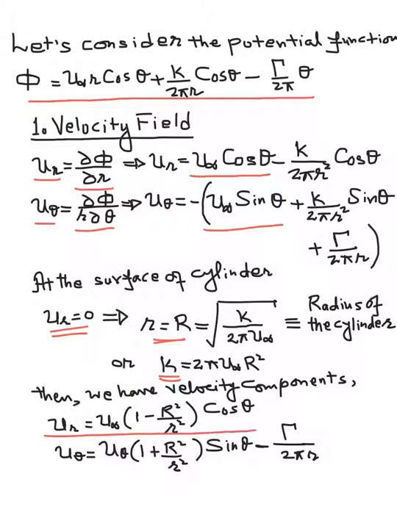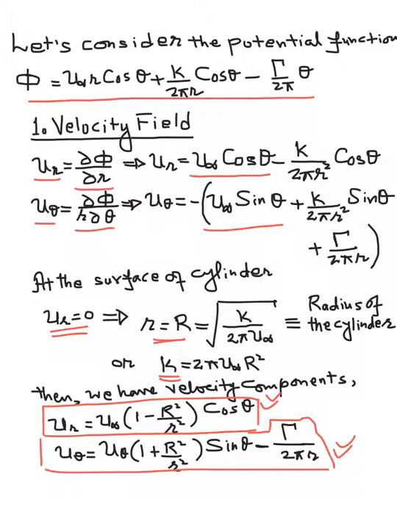These are the two expressions, one for u_r and this one for u theta. Now note that the u_r expression is the same as for a stationary cylinder. However, in the tangential u theta component, this term is showing up due to the effect of circulation.